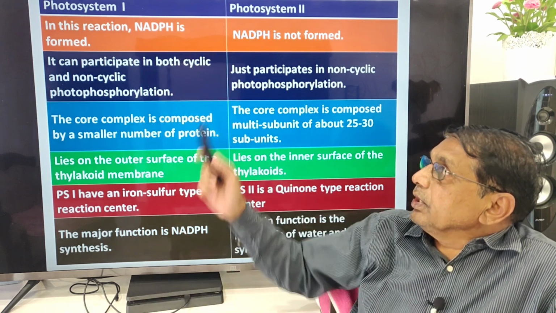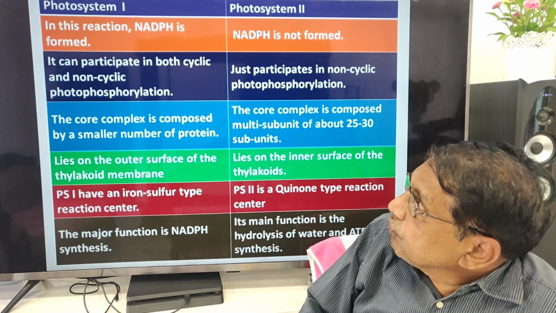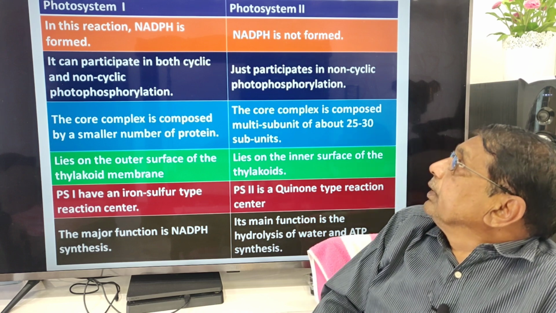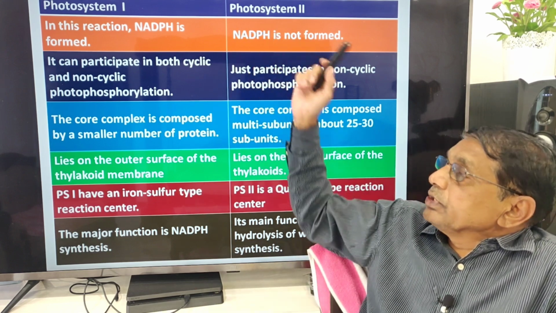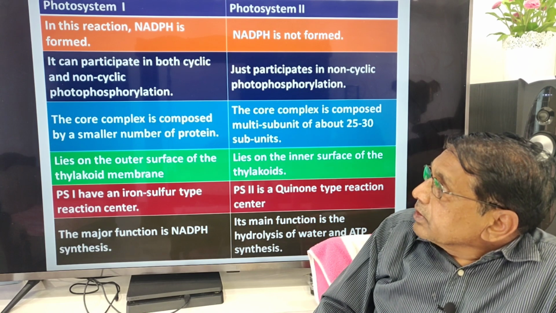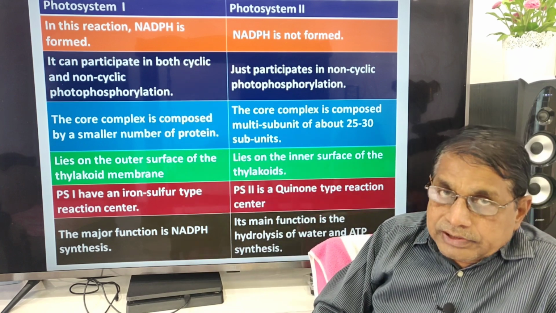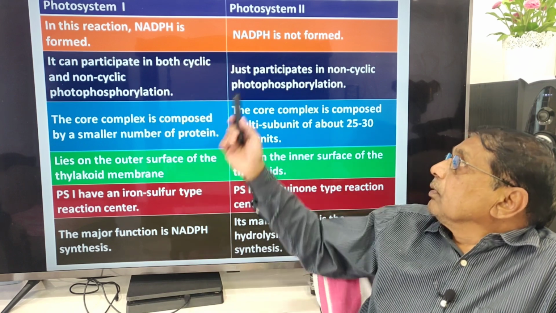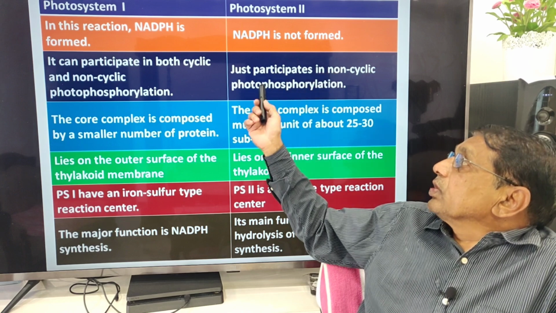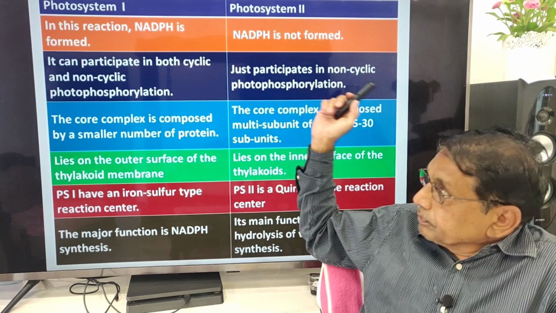In photosystem 1, NADPH is formed. Here in photosystem 2, NADPH is not formed. Photosystem 1 can participate in both cyclic and non-cyclic photophosphorylation, while photosystem 2 participates just in non-cyclic photophosphorylation.